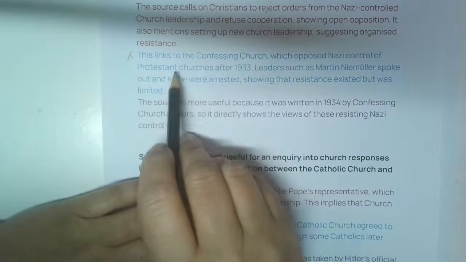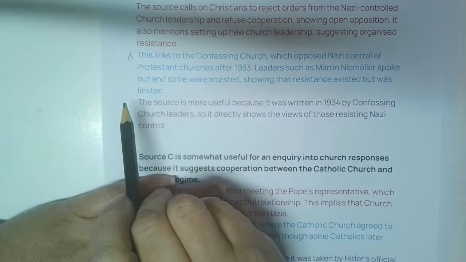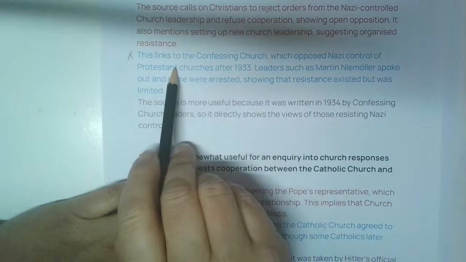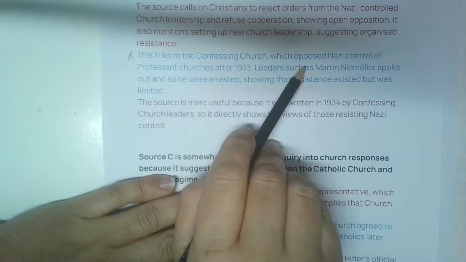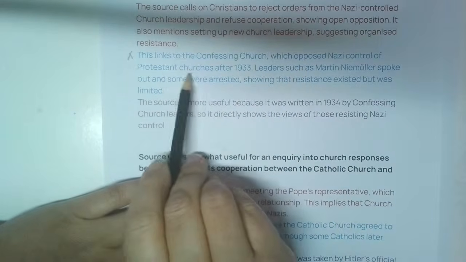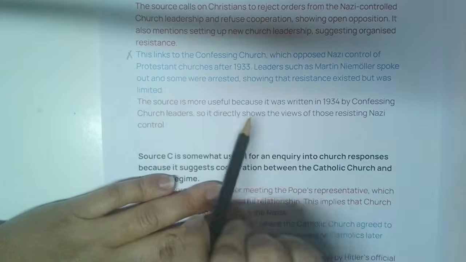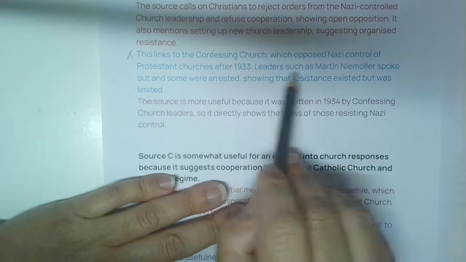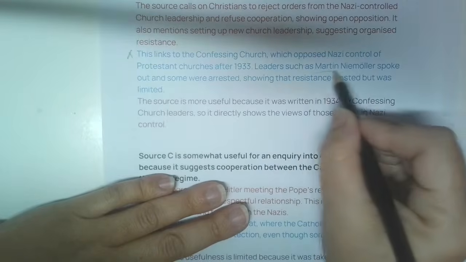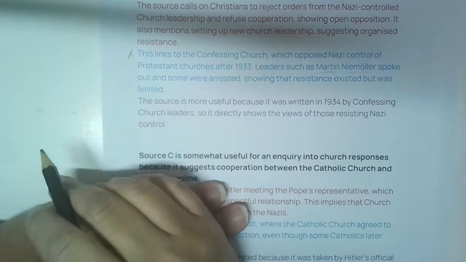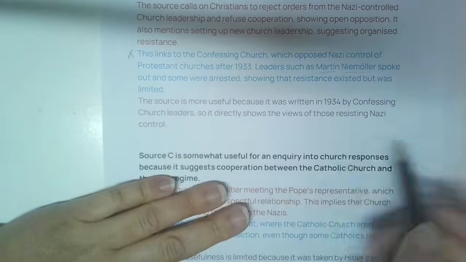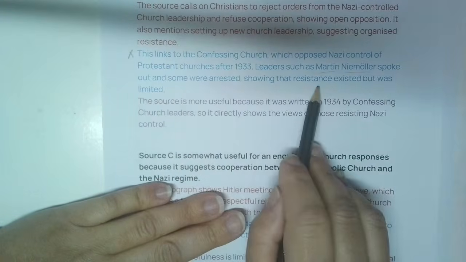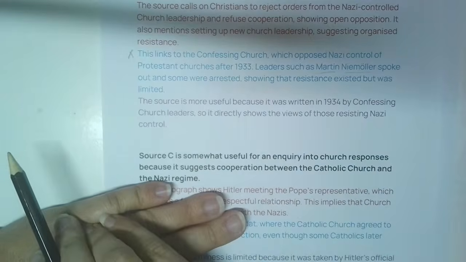Then, my own knowledge. This links to my revision. Which is that the confessing church opposed Nazi control of the Protestant churches. Remember Martin Niemöller? He's the guy who's involved in the confessing church. Leaders such as Martin Niemöller, there he is, the guy who wrote First They Came For, that's him, spoke out and some were arrested, showing that resistance existed but was limited.